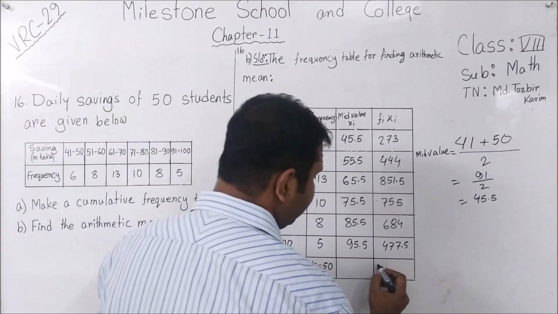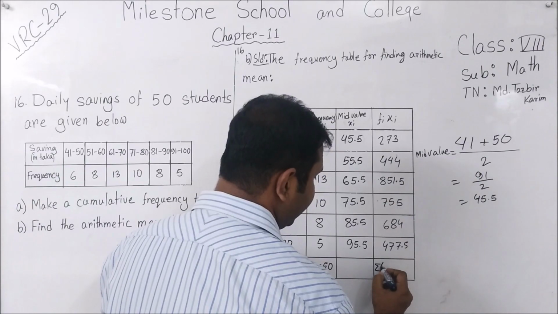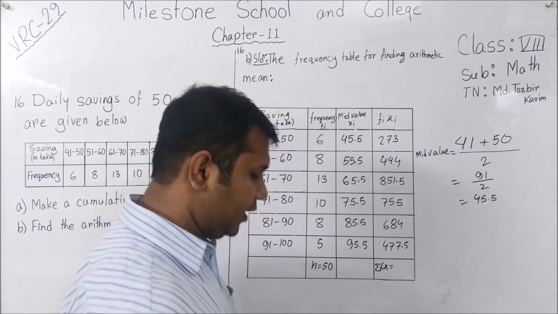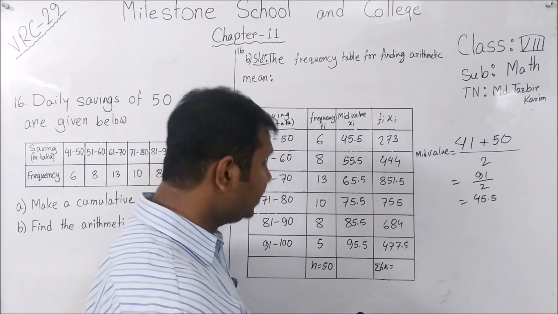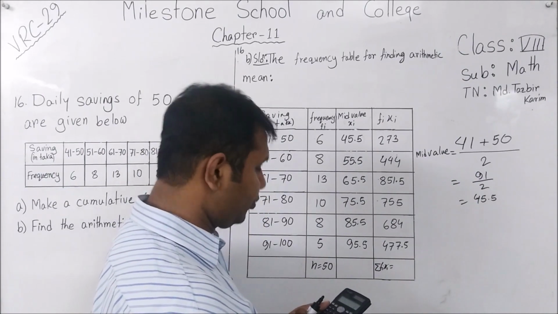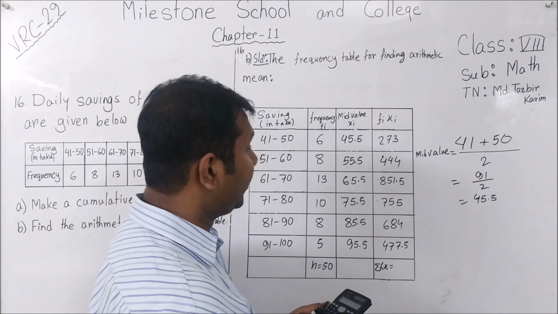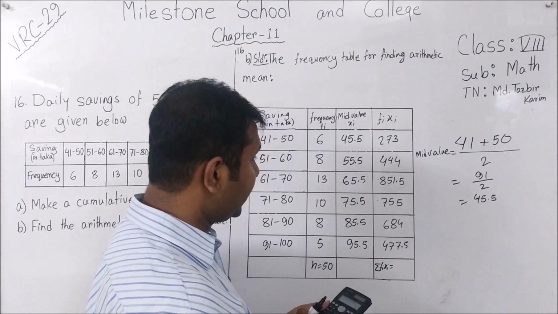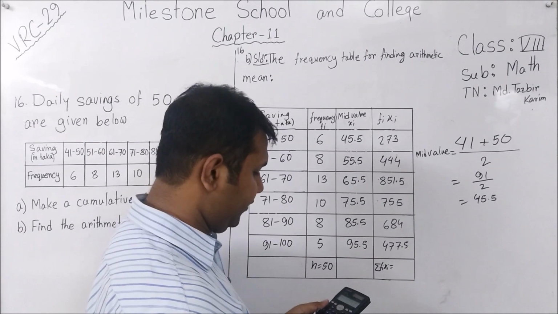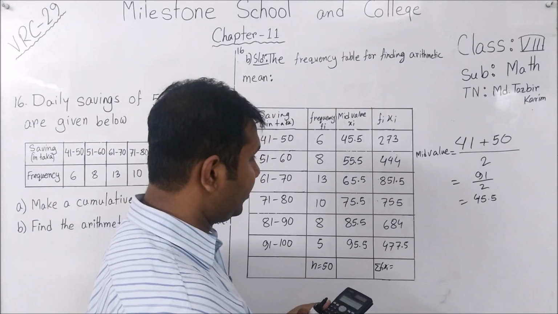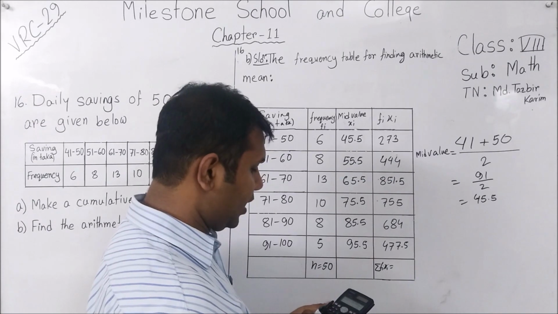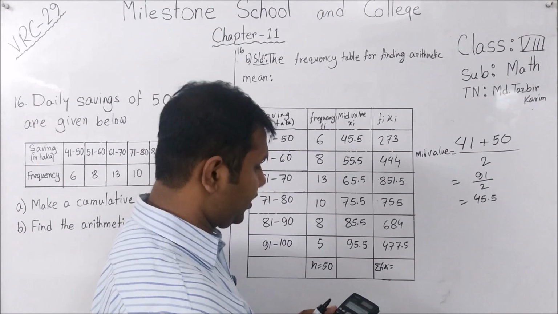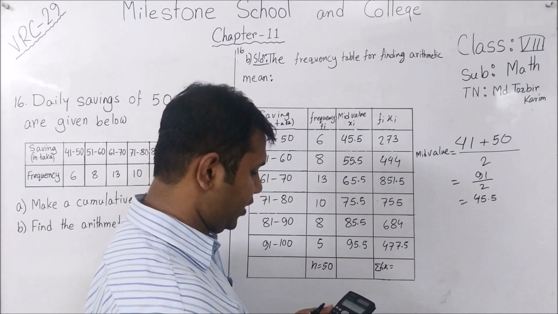Now we have to find the summation of fixi. Okay, so we have to add all of them. So we are going to add 273 plus 444 plus 851.5 plus 755 plus 684 plus 477.5.